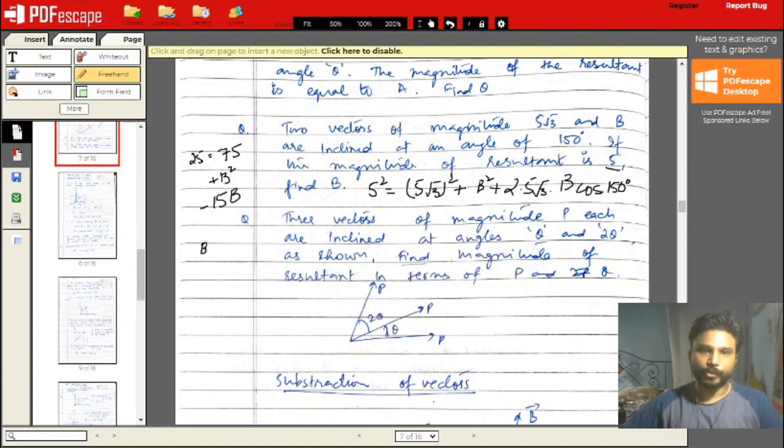So this becomes b square minus 50b plus 50 is equal to 0. So this gives two solutions for the value of b. One is 5 and the other is 10.